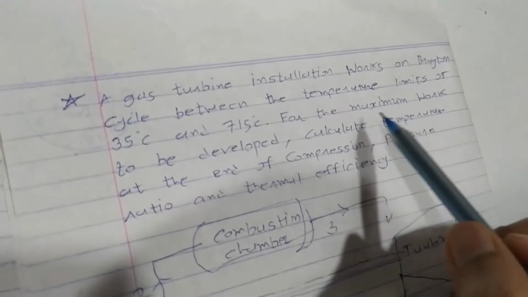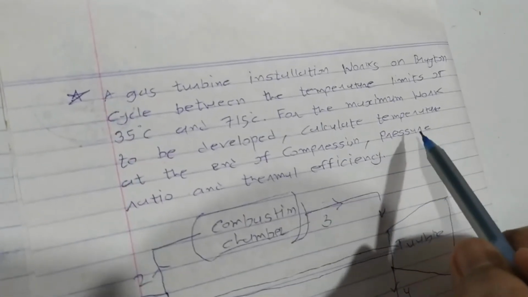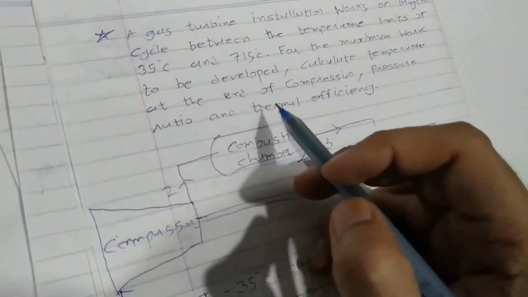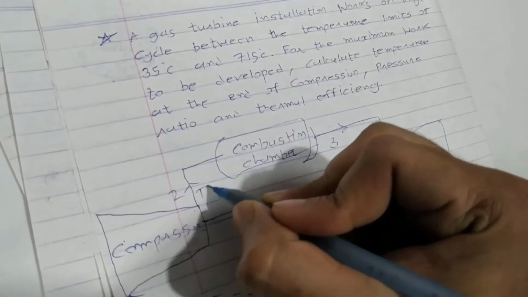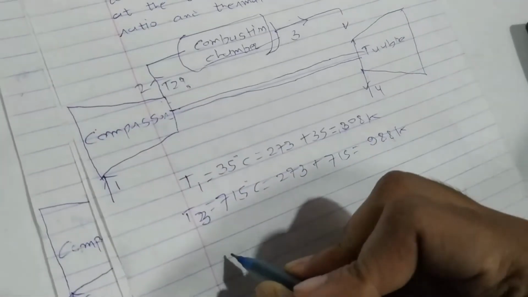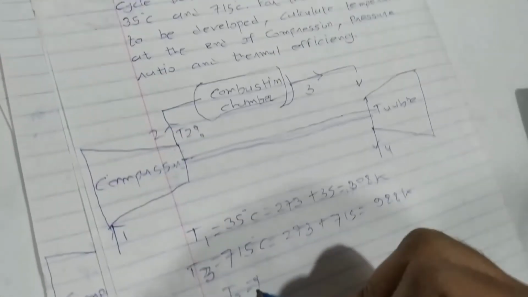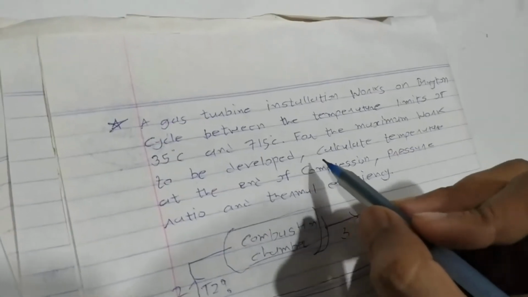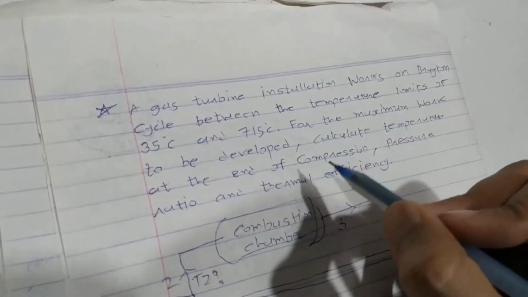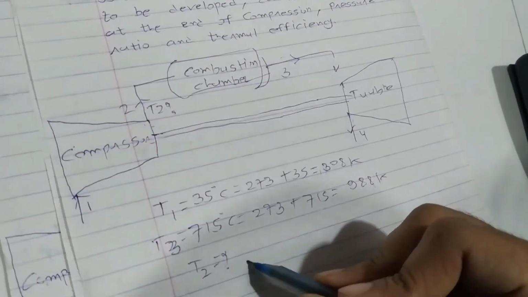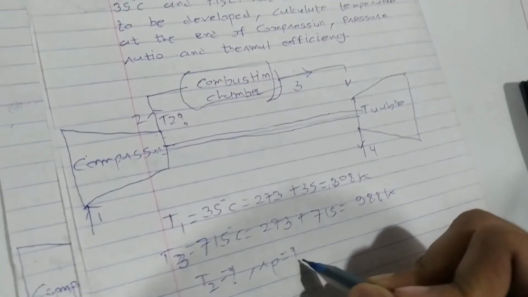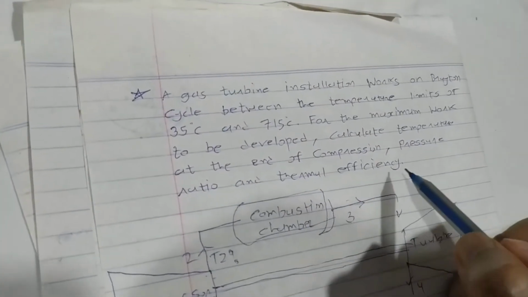For the maximum work to be developed, calculate the temperature at the end of the compressor. So I have to find T2, and the pressure ratio, Rp, and the thermal efficiency.